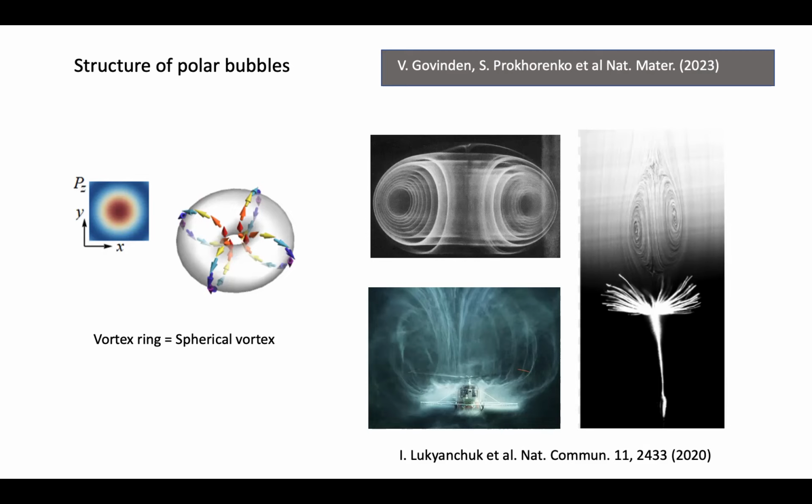For instance, here you see what is called the vortex ring or spherical vortex, structures that commonly appear in gases and fluids. One example is the streams of air created by a helicopter or the falling dandelion.